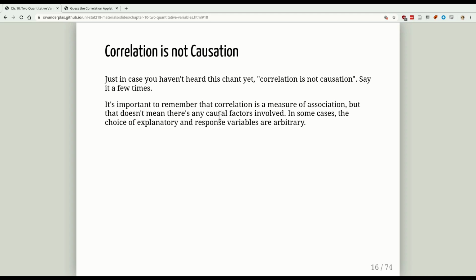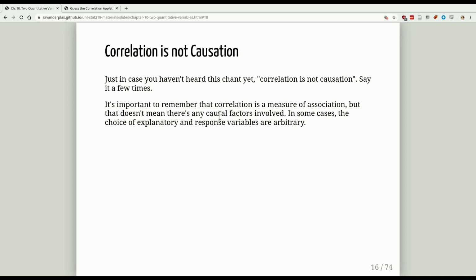So you may have heard before the phrase correlation is not causation, but it makes a pretty good chant, and it's really important to remind yourself every so often that just because two variables are associated and look like they're related, that doesn't mean that the x variable causes the y variable to change. And in social science, it's fairly common to kind of flip a coin between which variable is going to be the explanatory and response variable.